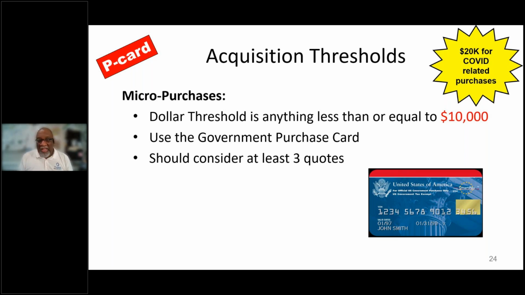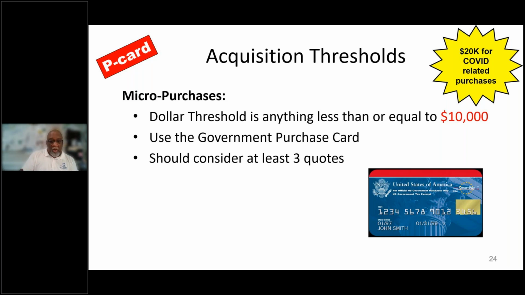You do something that's $9,000 and you wow their socks off, and they're like, oh wow, that's pretty cool. What's next? Well, the next level threshold up is the simplified acquisition threshold. So that's where you now have the opportunity to have connective tissue between your micro purchases and your simplified. They work together, in my opinion. The way I think about it, we use the government purchase card buying, micro purchase buying, to seed simplified acquisition buying in the future.